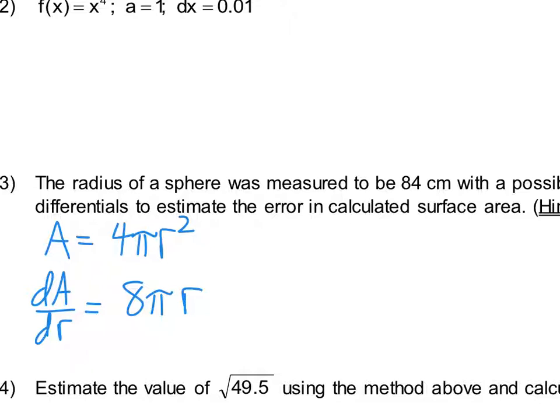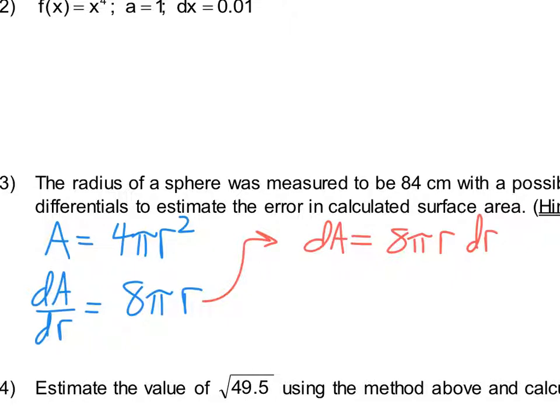So basically, I'm just kind of inventing the formula as we go. Because if I multiply both sides by dr, I have the estimated error, estimated change formula just in particular variables related to this problem, right?